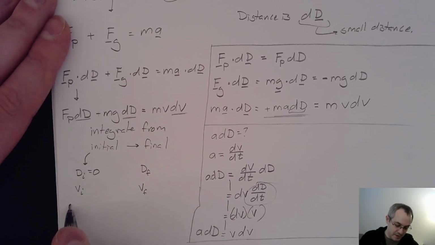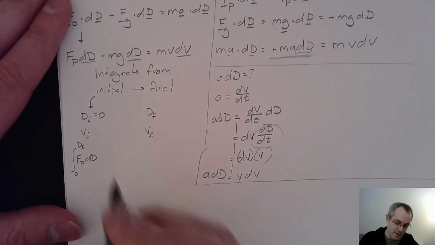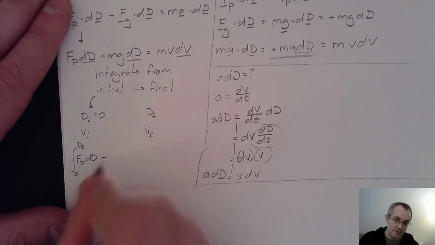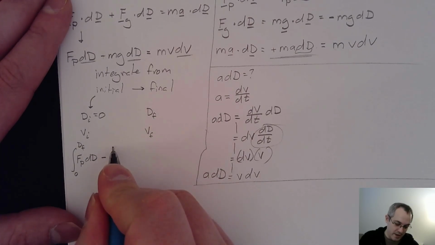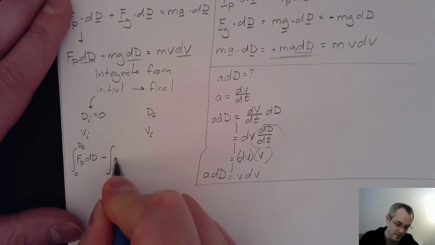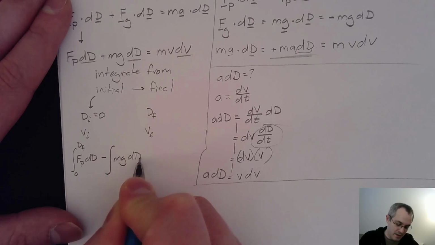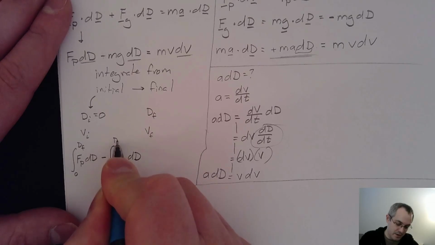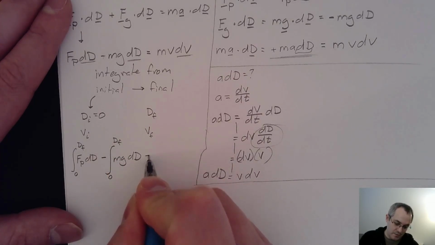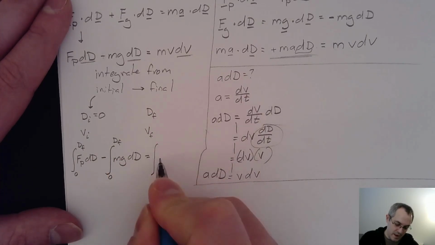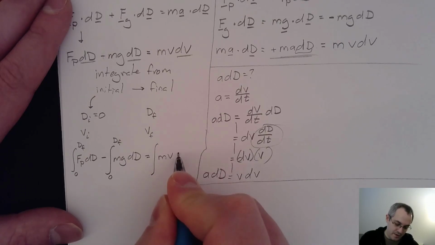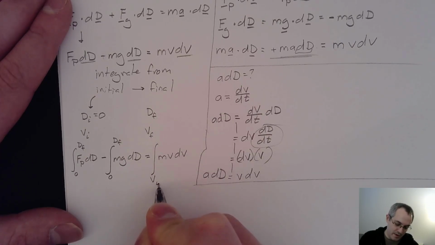So what we do then is we write that this is going to be the integral of FP dd from 0 to df, minus, okay, integral of mg dd from 0 to df, equals integral of mv dv from vi to vf.